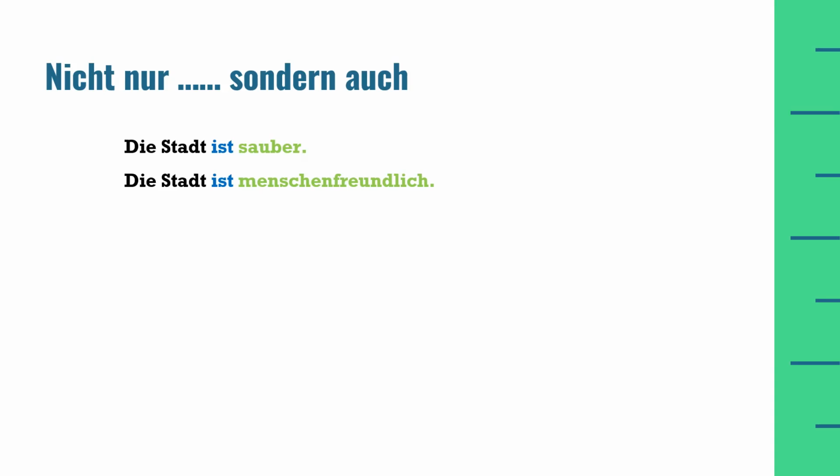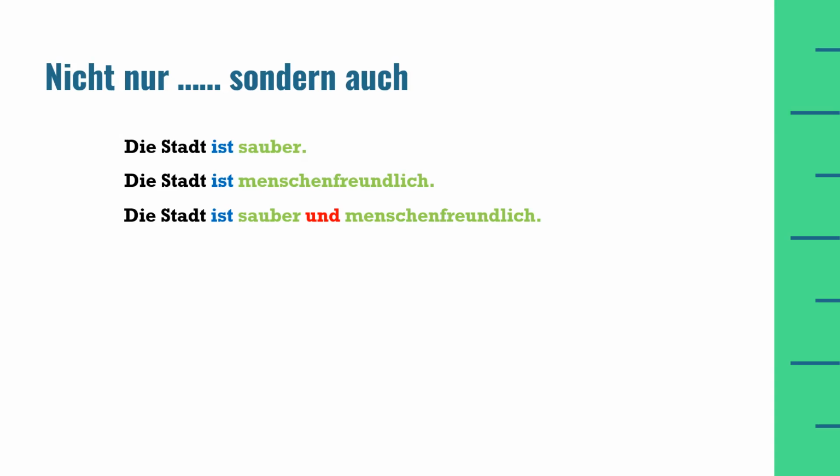And if this is the case, then we can combine these two sentences by saying Die Stadt ist sauber und menschenfreundlich. The city is clean and people friendly. Now, this is a simple way of saying two or more things which are related to one subject.